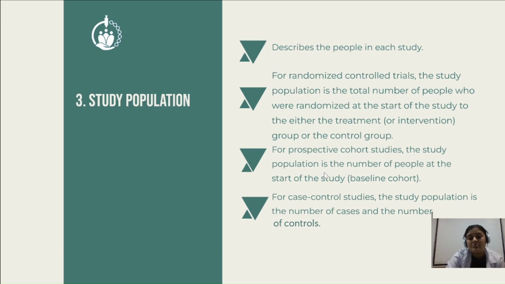So in prospective studies, the population is basically the number of people at the start of the study. That is called the baseline cohort. I might have 500 people at the very beginning of the study, but as I start gaining information on the outcomes, or when the breast cancer incidence starts to rise, there might be a time where out of 500 people, 250 people have left. 250 people are not going to continue participating in the study, or 250 have died for some reason, or 250 do not wish to be a part of the ongoing comparison, or whatever reason it might be.